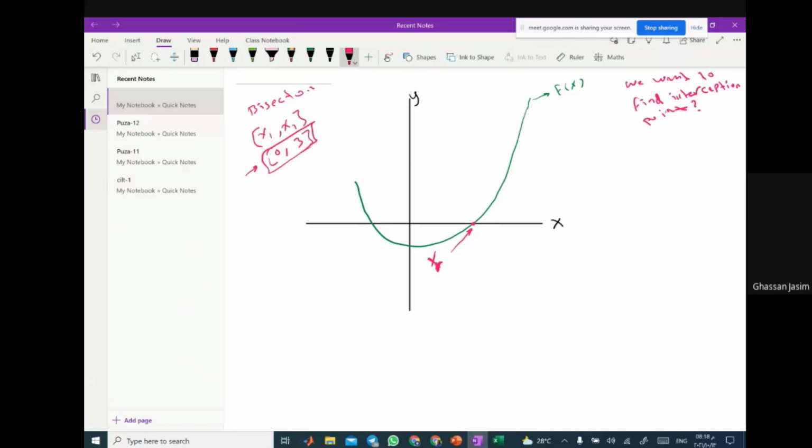Okay, let's continue. If we have x naught equal to a, for example, we say here is x naught. This is x naught.